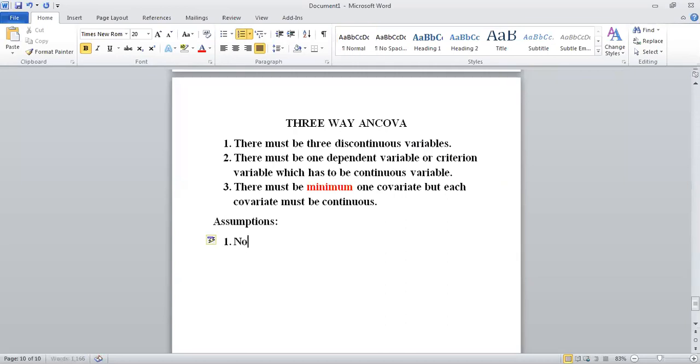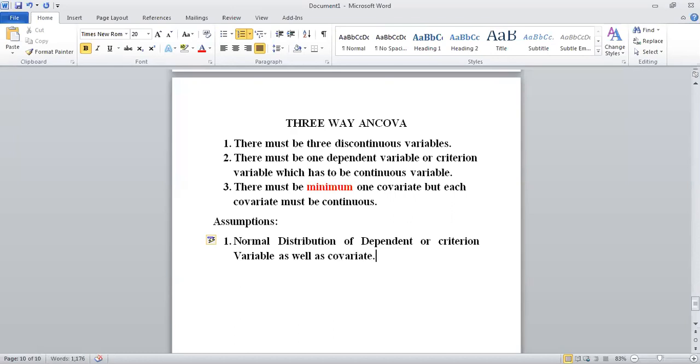One was normal distribution of the dependent or criterion variable, as well as the covariate.